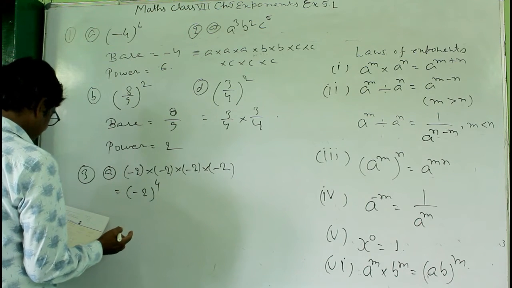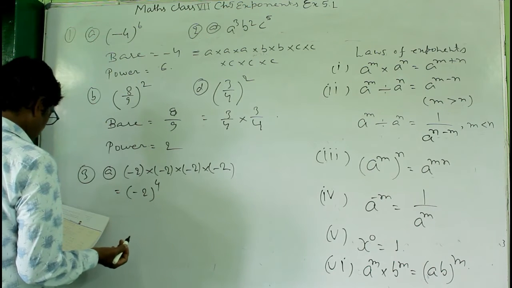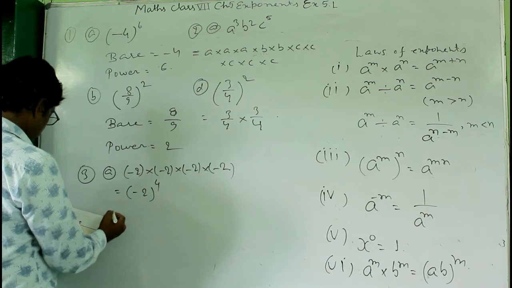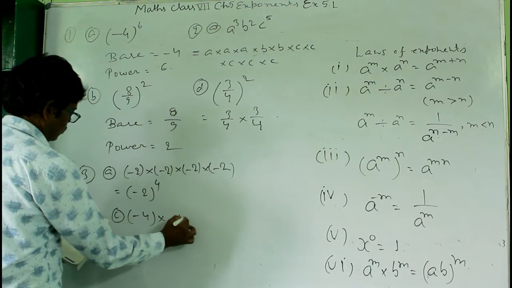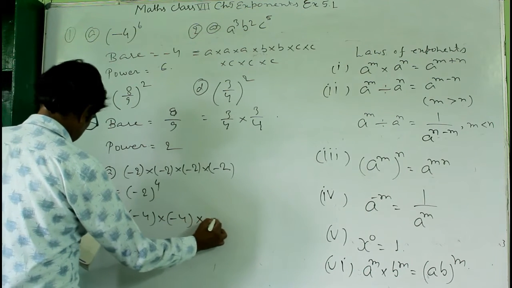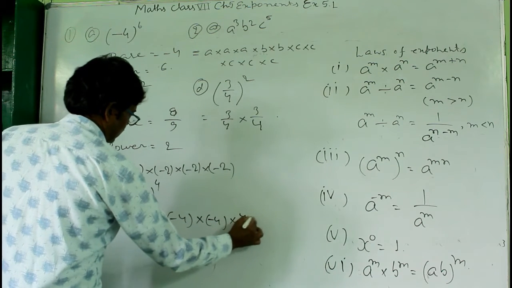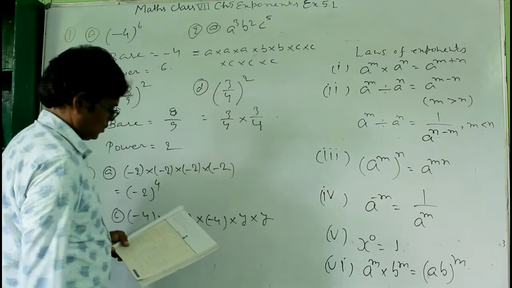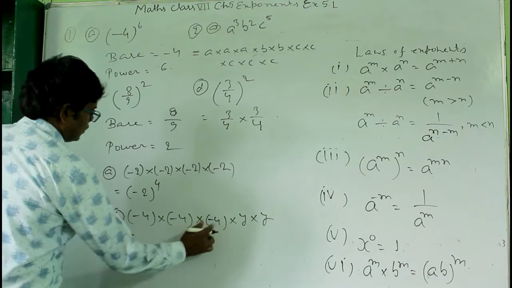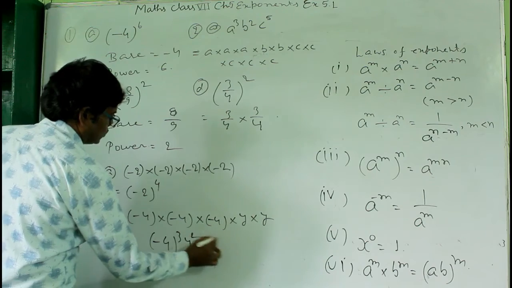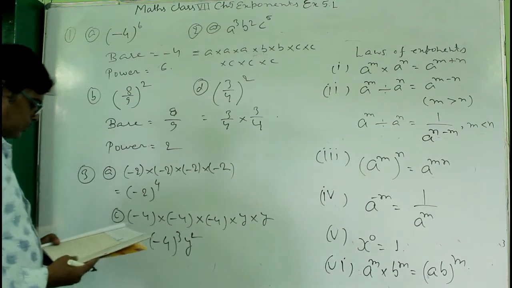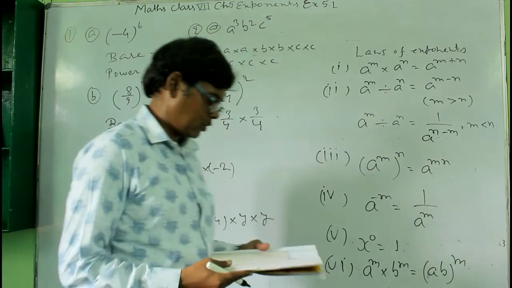And any other question here? Suppose question number C: minus 4 into minus 4 into minus 4 into y into y. So this is 3 times here, so minus 4 to the power 3 and y square. Okay, so similarly we can do the other questions also.